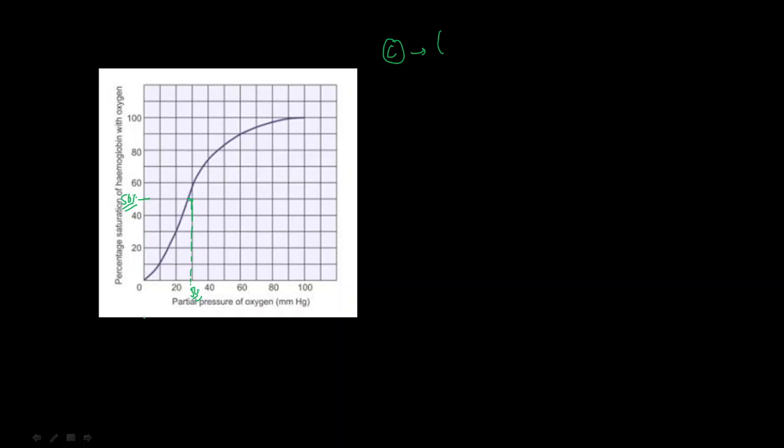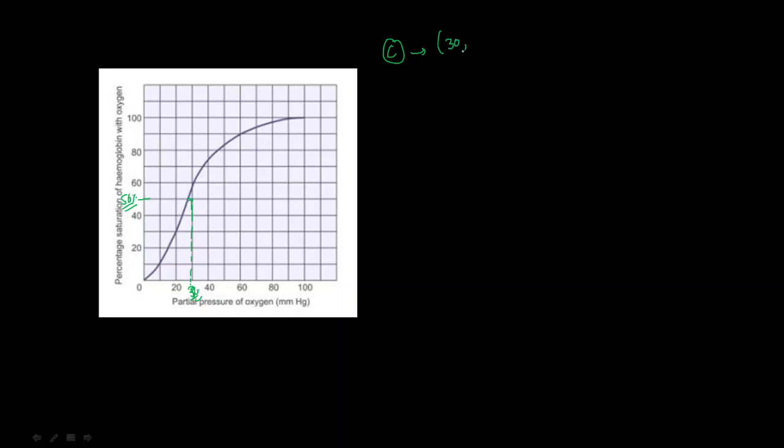So the coordinates for C will be, sorry, it will come around 30. This is 20, 30 and 40, right? So it will come around 30.